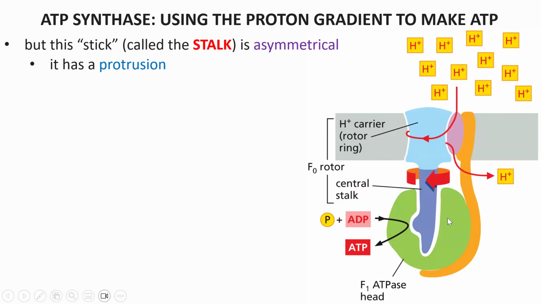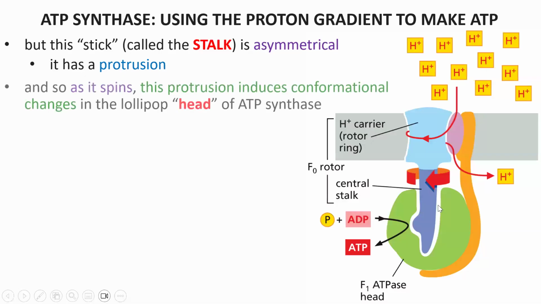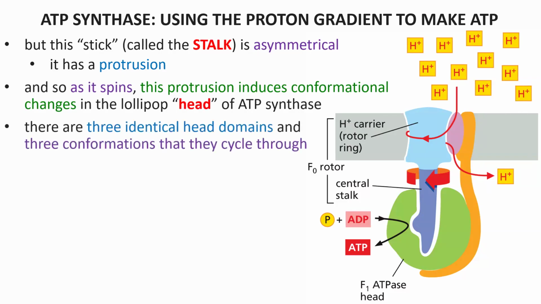And it's going to cause a wave of disruption spinning through the head domain. And this wave of disruption, as this protrusion spins in the head, is going to drive different conformational changes in the subunits of the head domain. And it's those conformational changes that are going to drive the production of ATP.